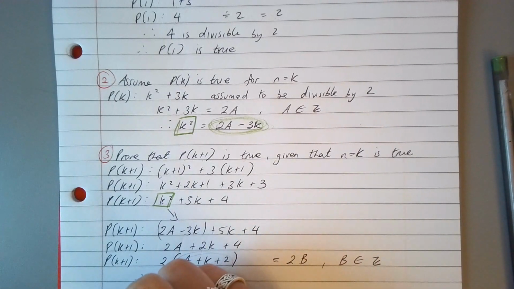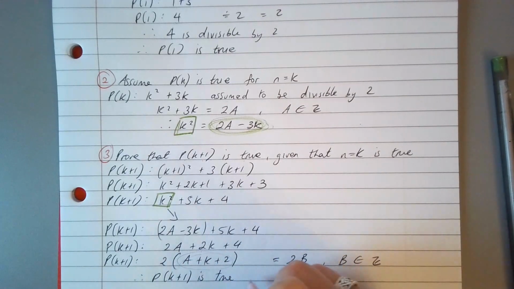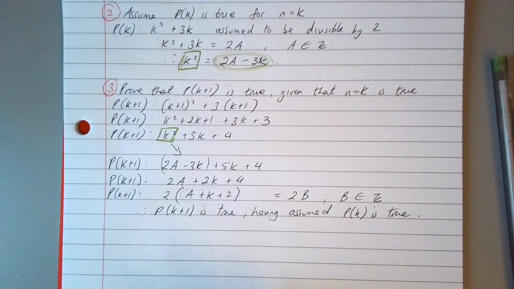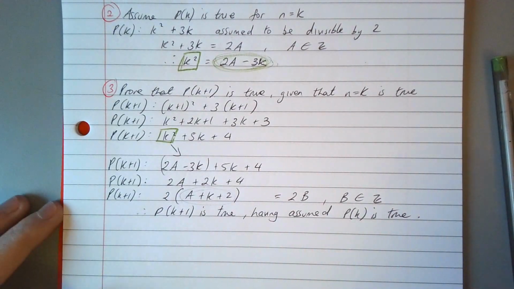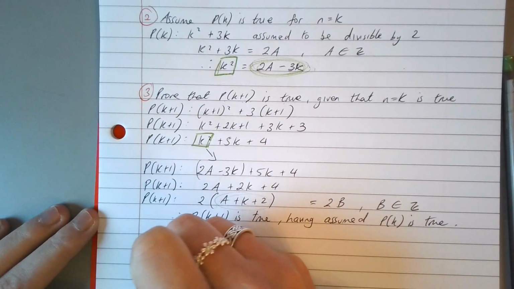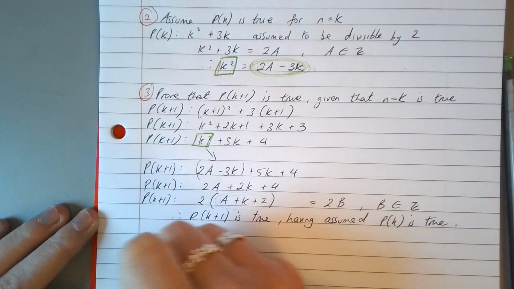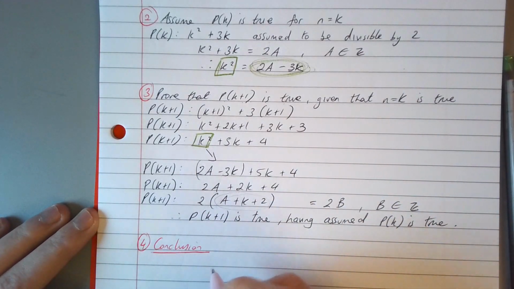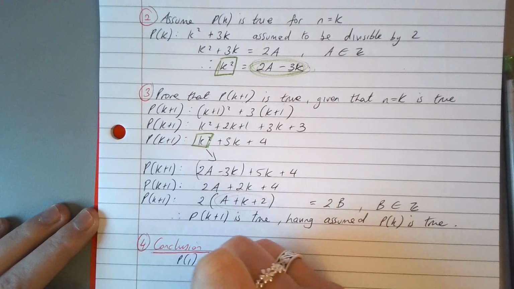And our conclusion then for step 3: pk plus 1 is true, having assumed pk is true. And we have our conclusion then, step 4 for conclusion. And we're just copying what we have for the first bit. So P1 is true.